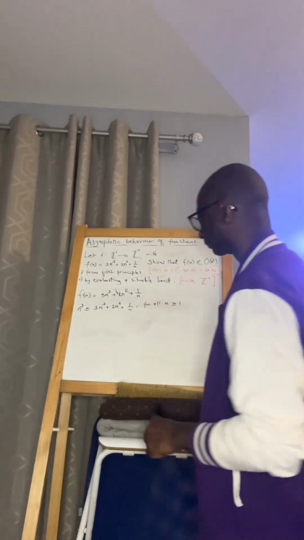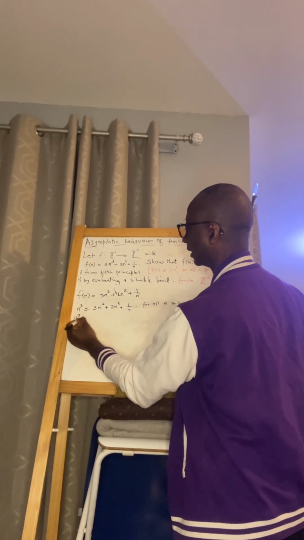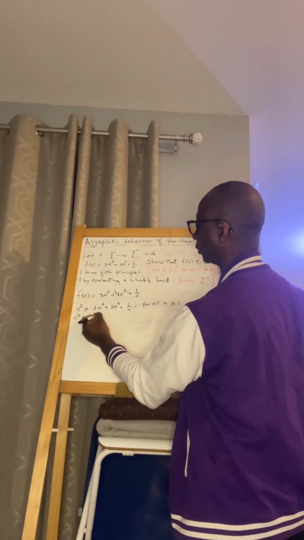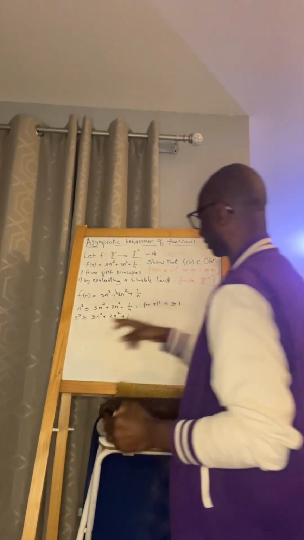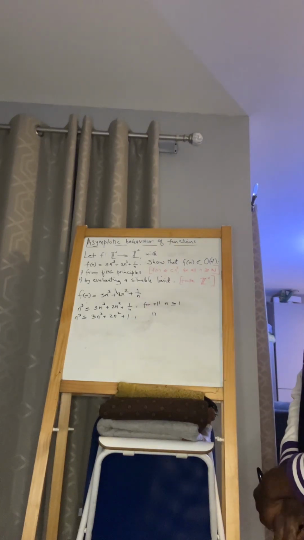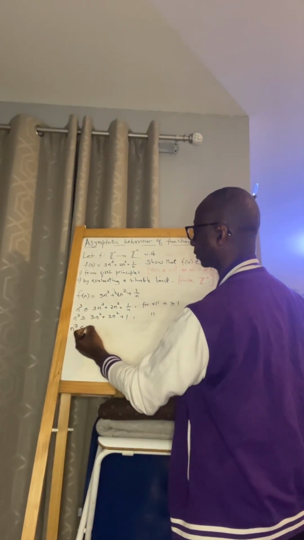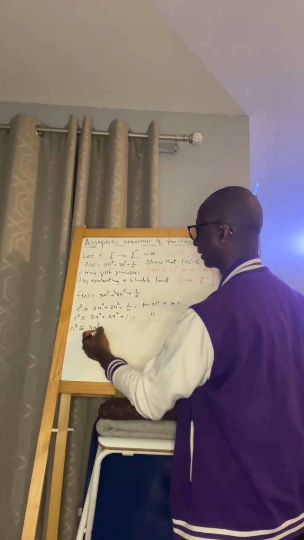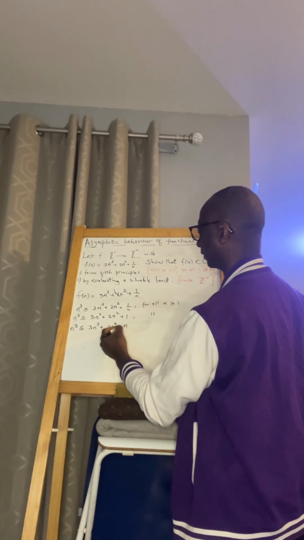Let's carry on. We can now say that n cubed is less than or equal to 3n cubed plus 2n squared plus 1. Still, this condition holds for all n greater than or equal to 1. We can further say that n cubed is less than or equal to 3n cubed plus 2n squared plus n.